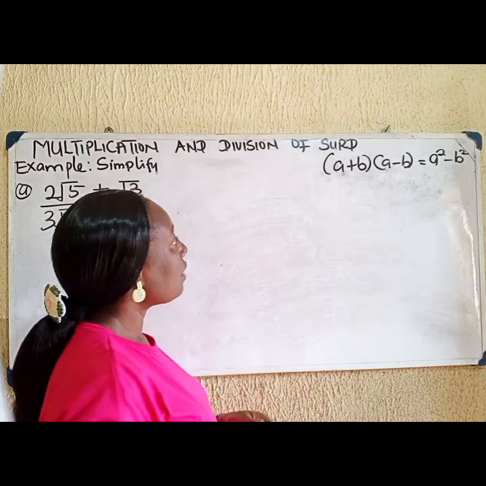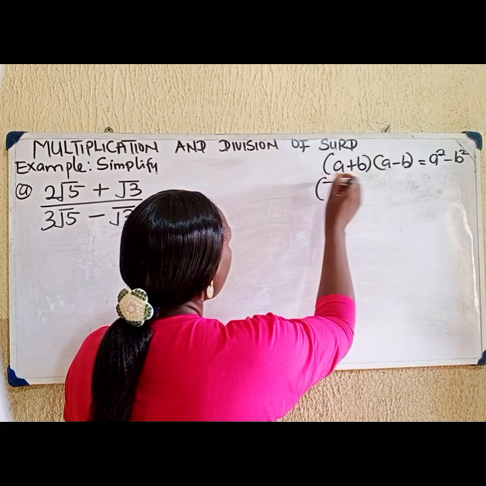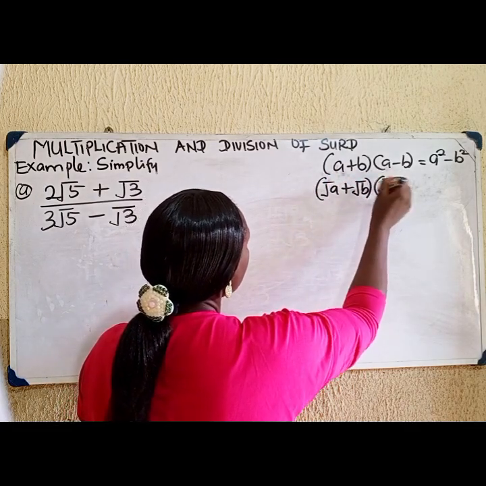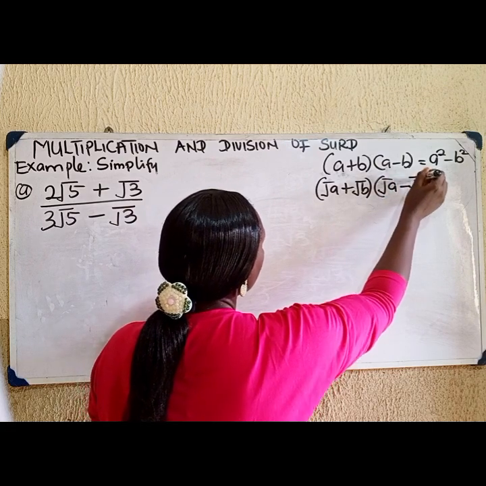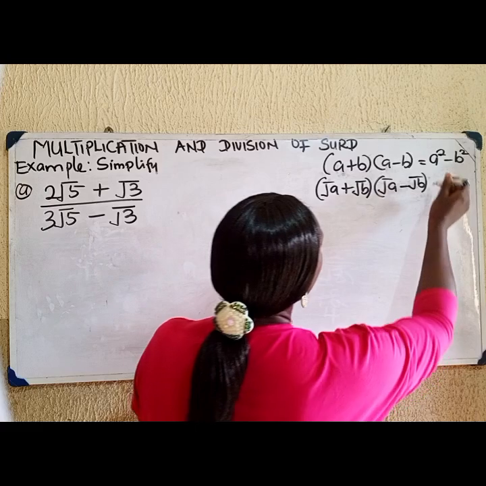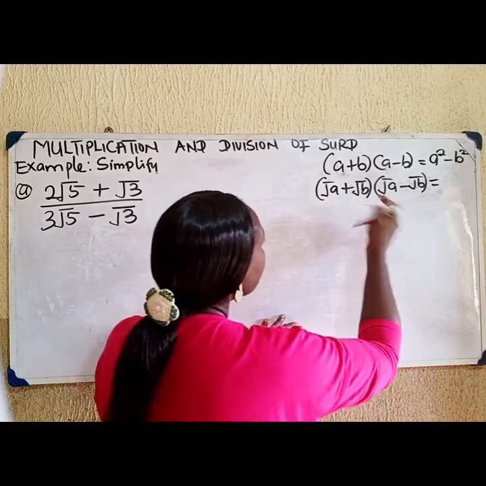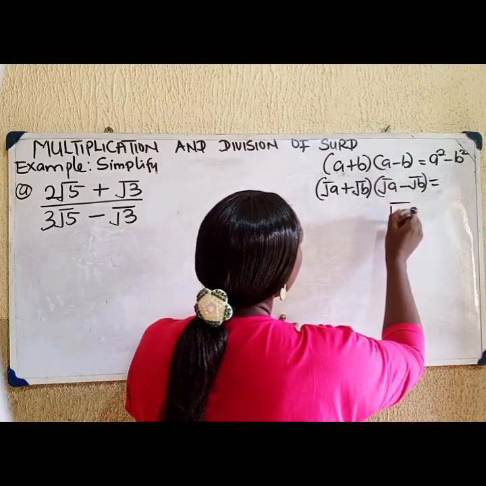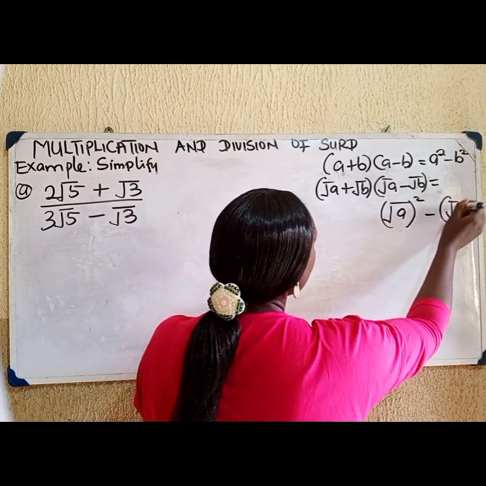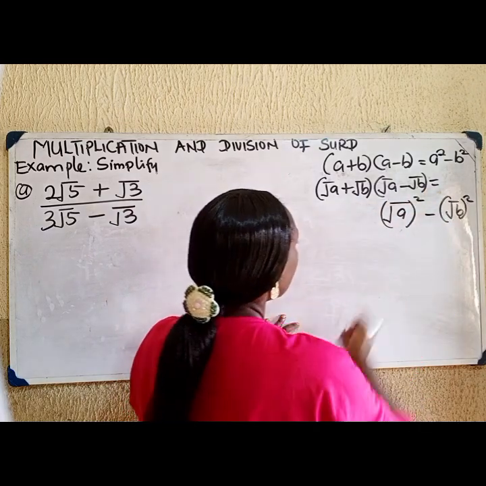Now the same thing applies in surds. If we have root a plus root b into root a minus root b, we are going to multiply. If you multiply this, we will have root a all squared minus root b all squared.